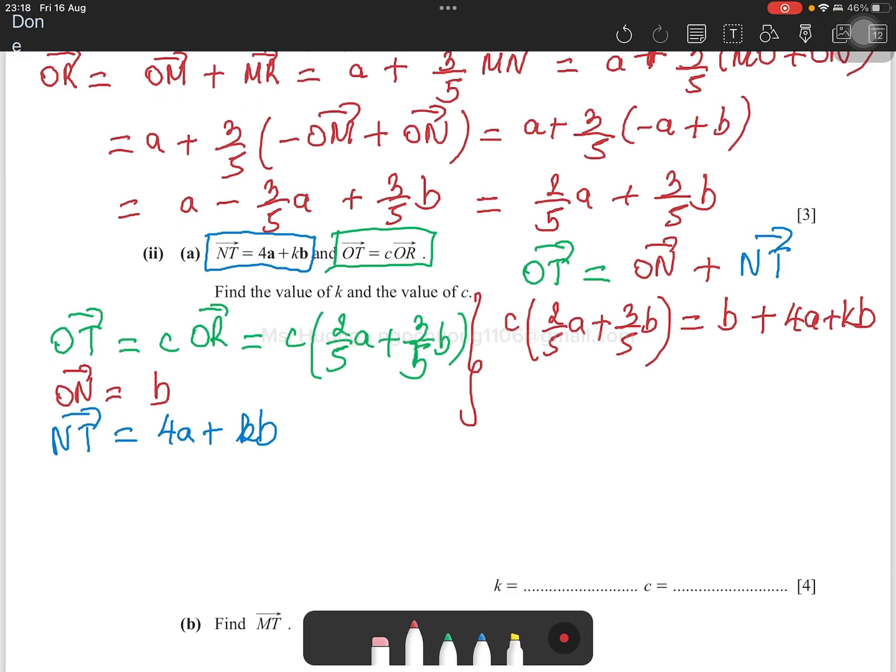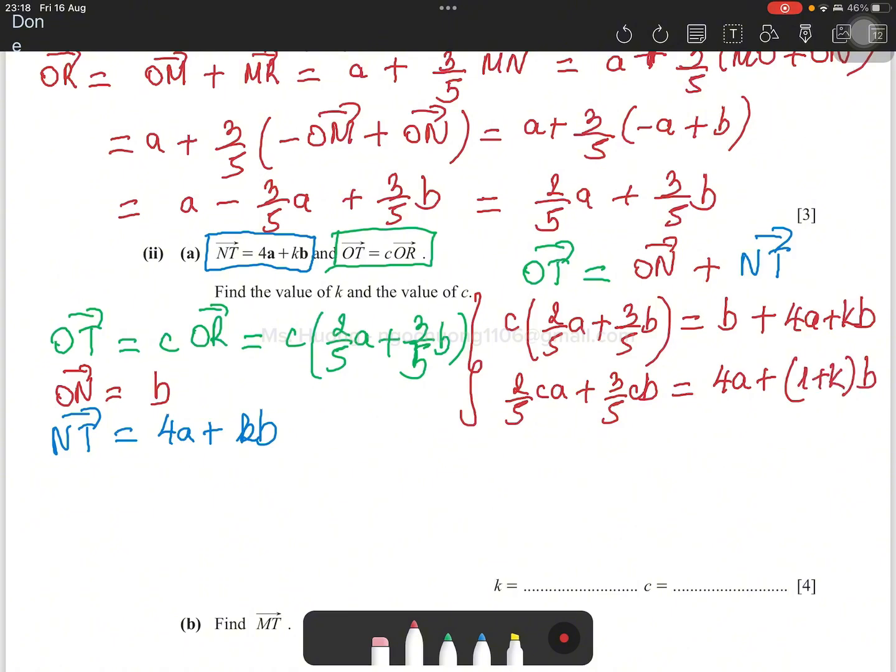And now we expand these brackets. 2/5 of CA plus 3/5 of CB equals 4A plus B plus KB. B is the common factor, and we have 1 plus K left.